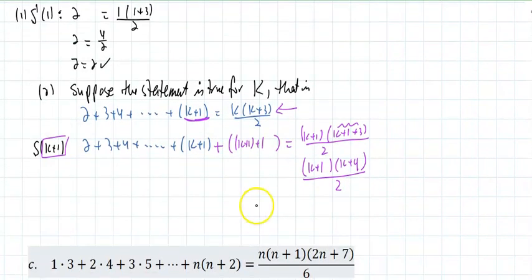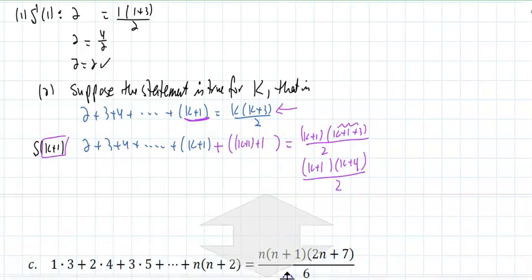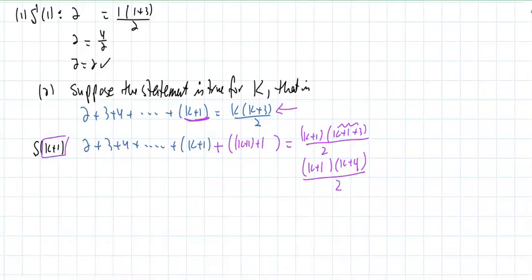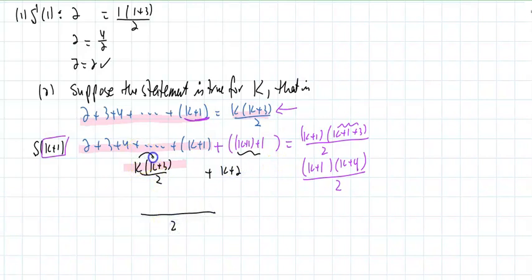Now, I made an assumption. I assumed that this sum right here equals this. Isn't that sum right there? Can't I replace that by my assumption, k into k plus 3 over 2, plus, isn't that k plus 2? So, if I get a common denominator, which is a 2, isn't that k squared plus 3k plus 2k plus 4?